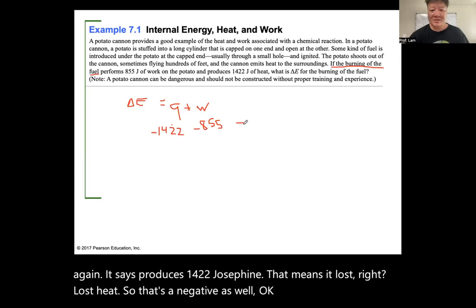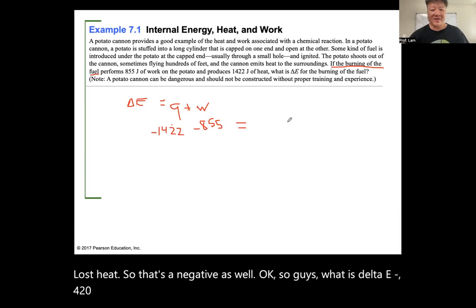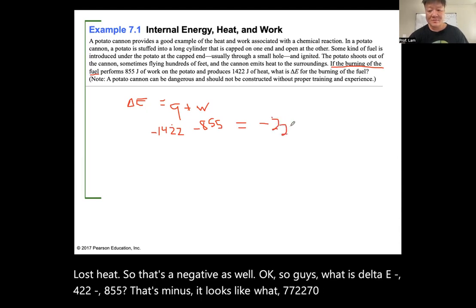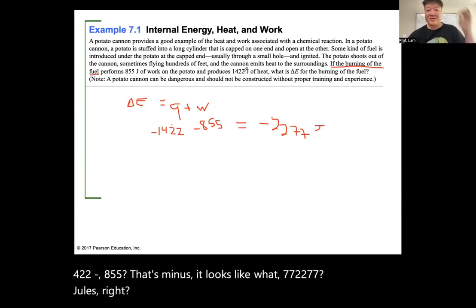So guys, what is delta E? Minus 1422 minus 855. That's minus, it looks like, 2277 joules, right? Unit of energy there.